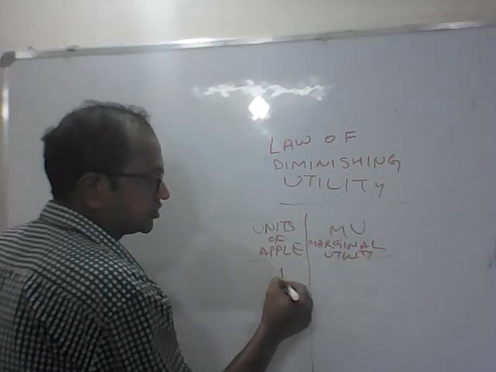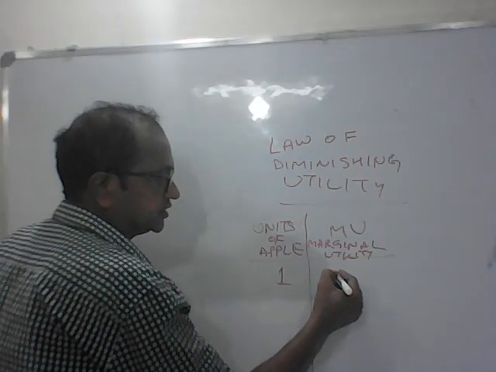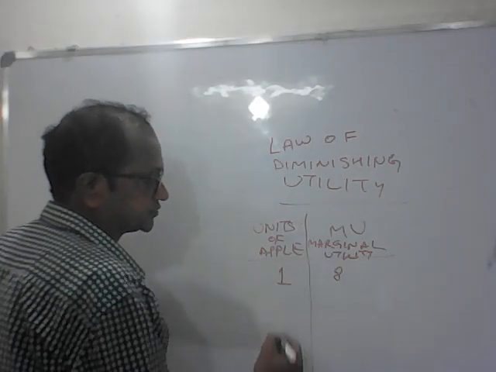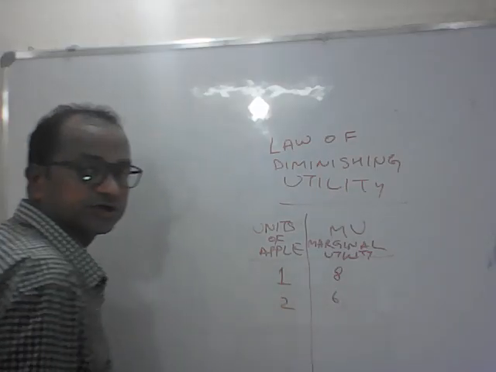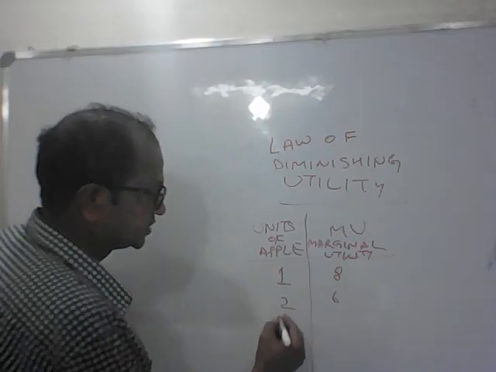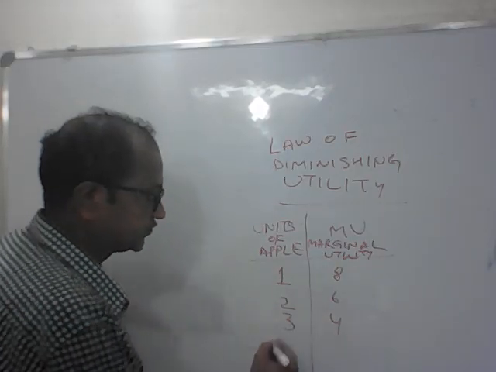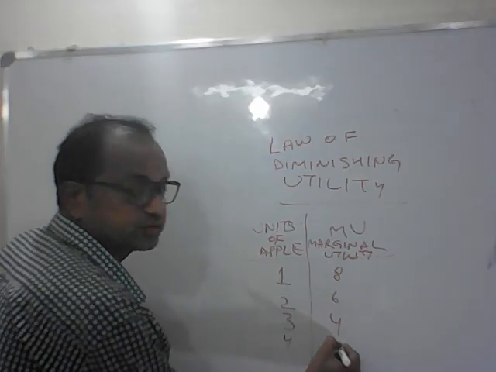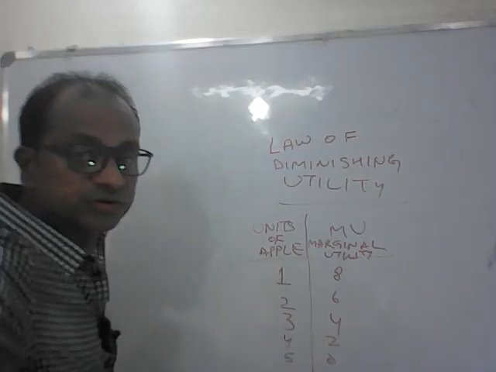When the first unit of apple is consumed, the marginal utility is, for example, 8. When the second unit is consumed, marginal utility goes on diminishing to 6. When the third unit is consumed, marginal utility is 4. On the fourth unit, it is 2, whereas on the fifth unit, it becomes 0.